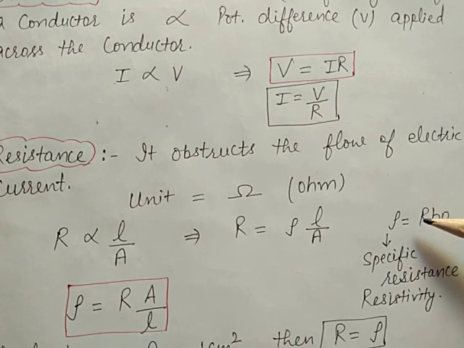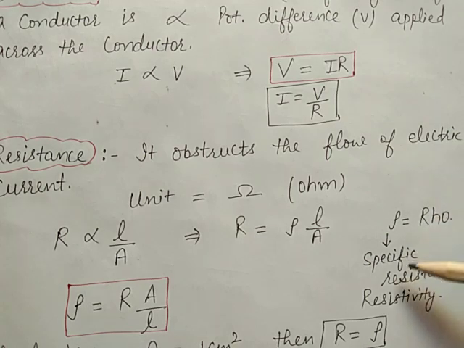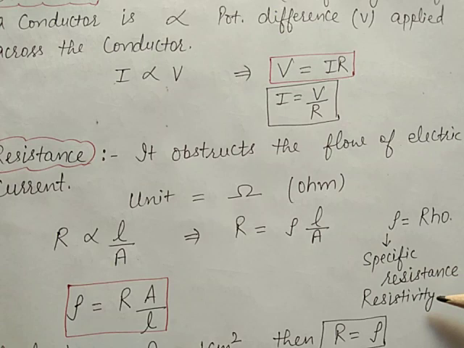Rho means proportionality constant. It is also called specific resistance or resistivity.